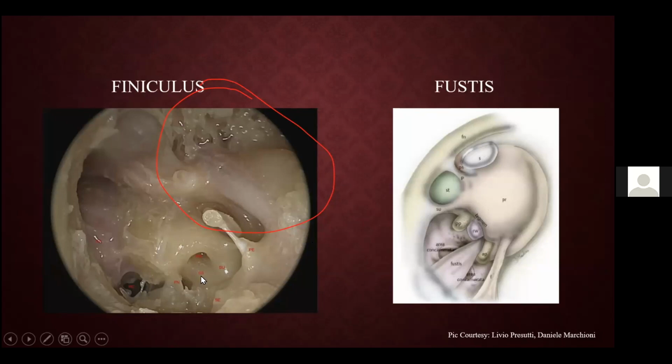Yes, funiculus and fustis both are bony landmarks.